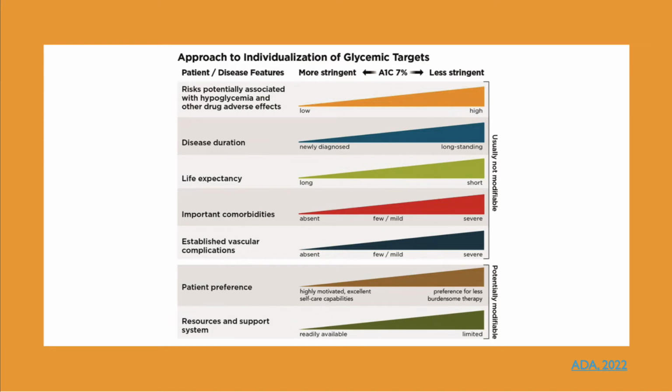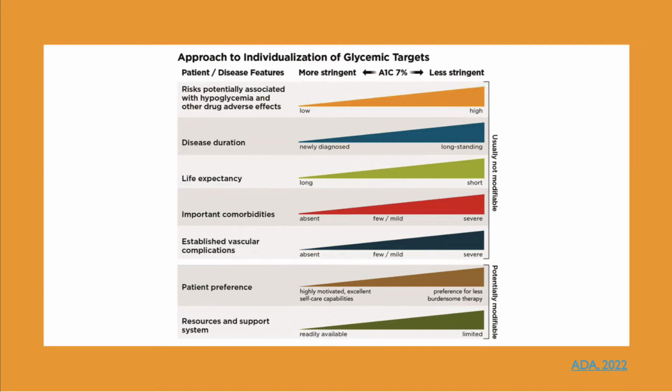If you're 25, we don't want to keep your hemoglobin A1C around 8. We want to keep it near perfect, right? Because you have a long time to go where that diabetes can affect your cardiovascular risks.